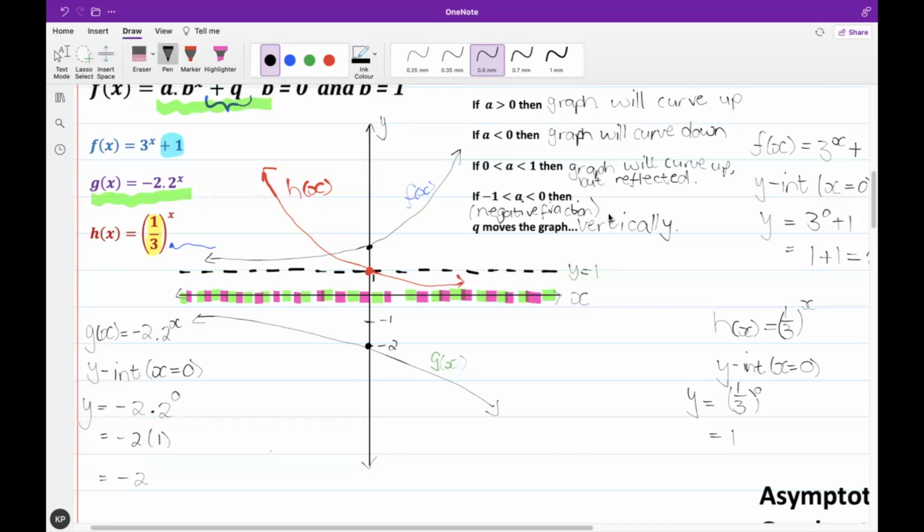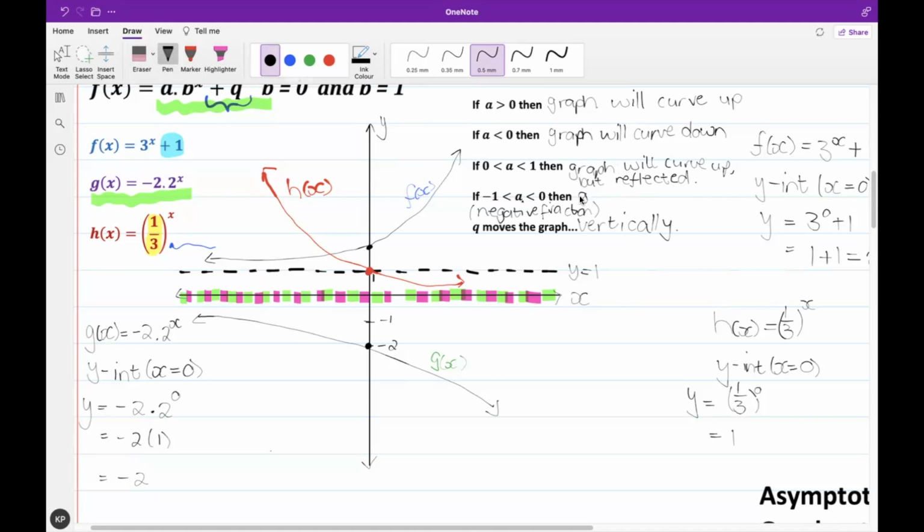It will curve down. Thank you very much. It will curve down, but it will also be reflected. Now, I know we're very tempted to say it's going to be reflected in the x-axis, but it won't. It's still reflected in the y-axis.